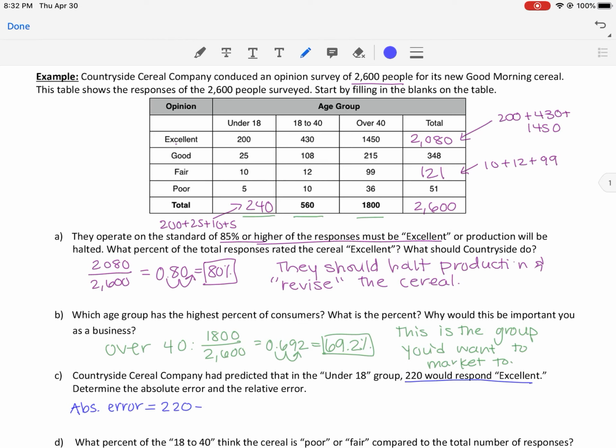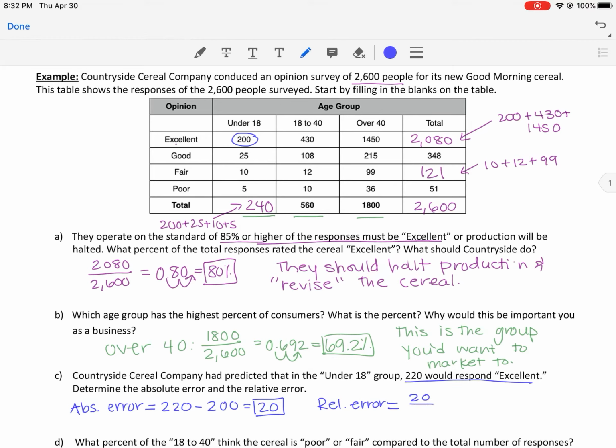If you go to under 18 and excellent, we're looking at 200 people. So your absolute error is 20, meaning there's a difference of 20 from what we expected and what we actually got.